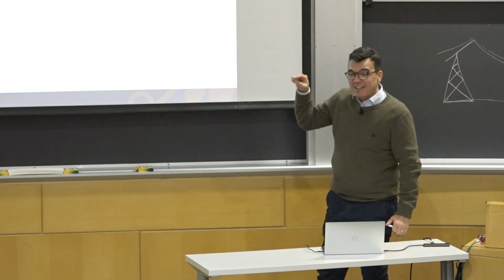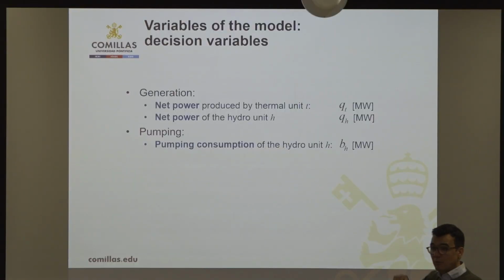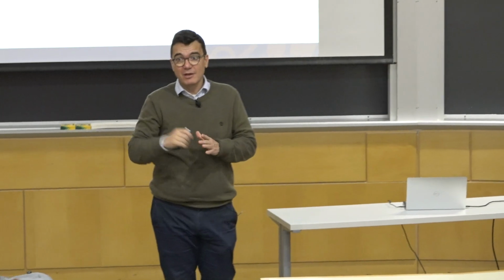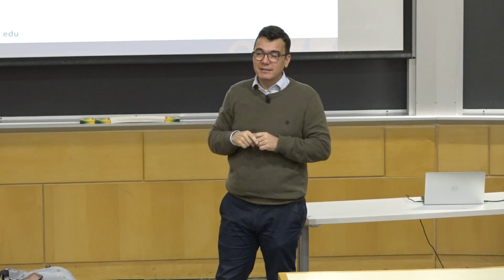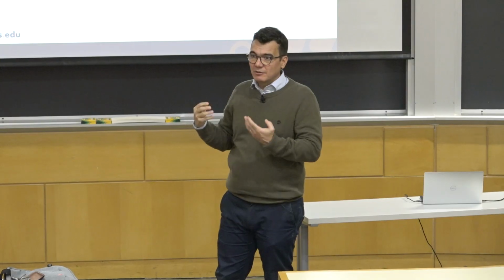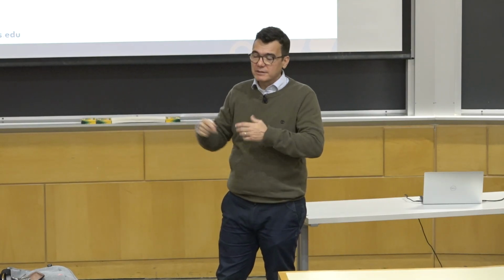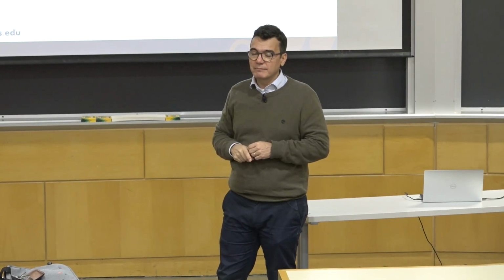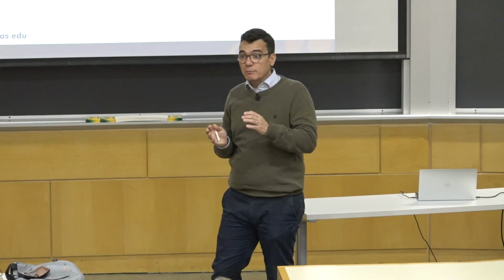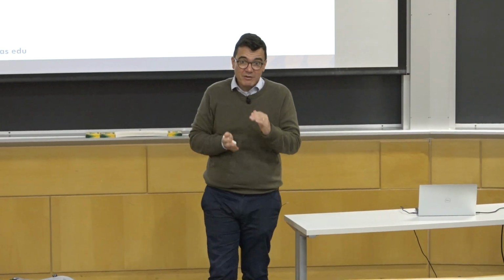Okay, so this model that I'm going to explain now is going to be the simplest model of the whole course. It has some difficulties in terms of using not so evident magnitudes, these things that I've been explaining here, but from the optimization point of view it is very, very simple.